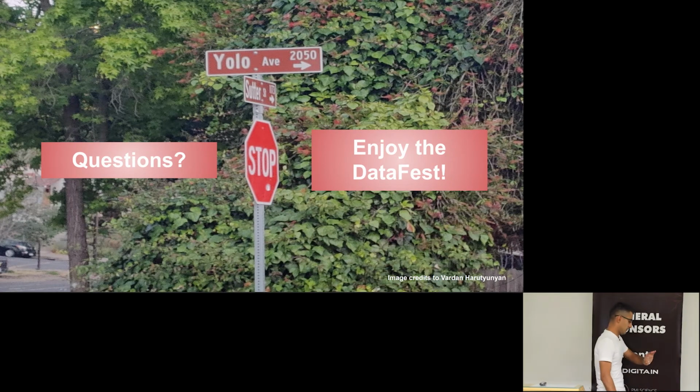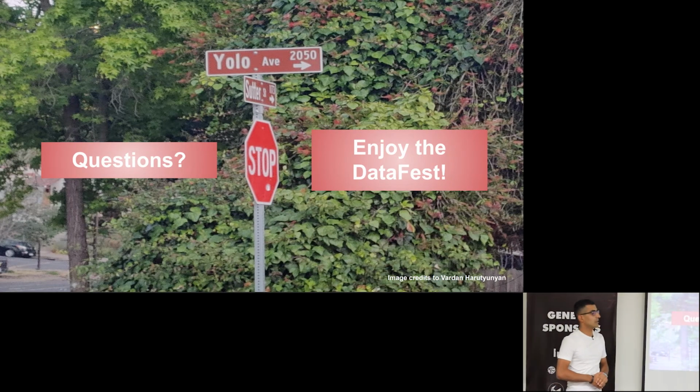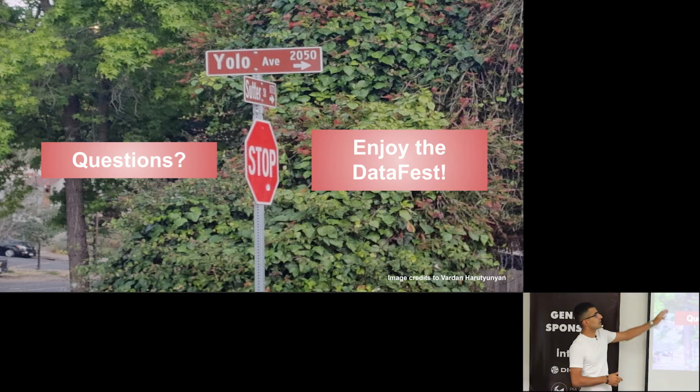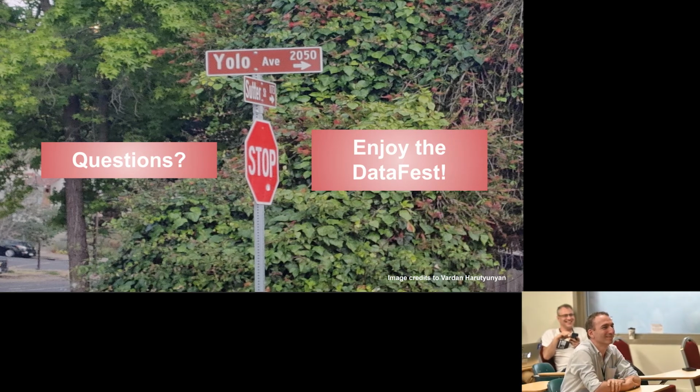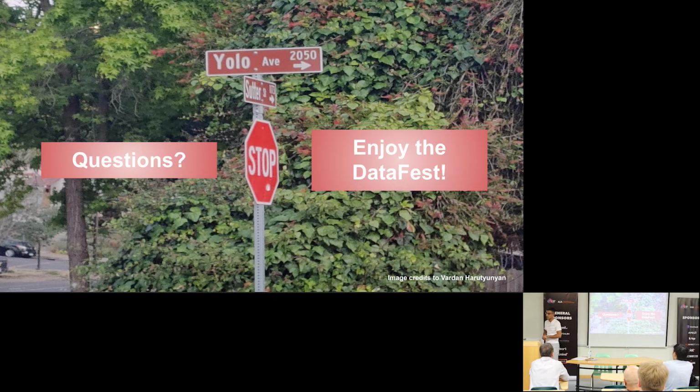Okay, I think this was it. If you have questions, I'll be happy to answer. Just for information, there is an avenue called YOLO in Berkeley. A friend of mine took the image, so I thought it's a good idea to include it.